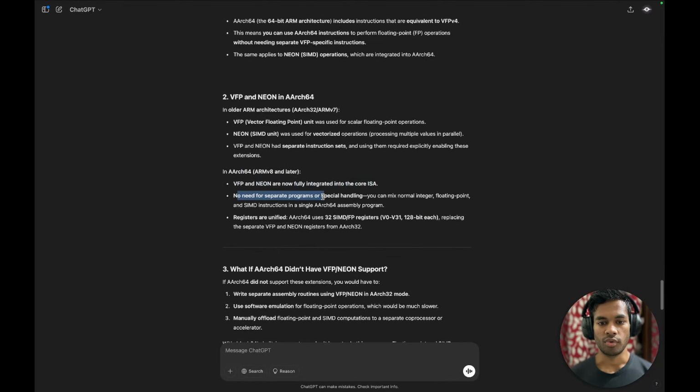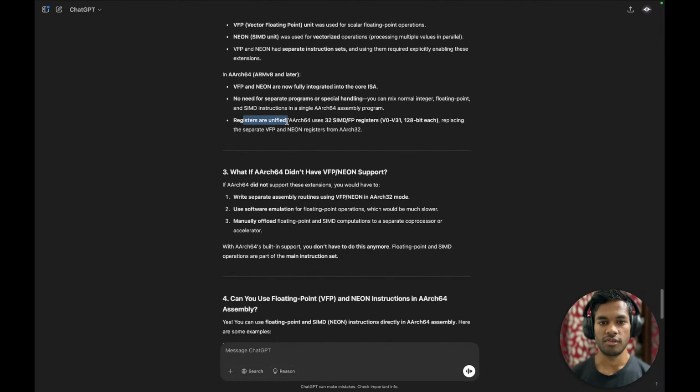No need for separate programs or specific handling. You can mix normal integer, floating point, and SIMD instructions in a single AArch64 assembly program. Registers are unified.